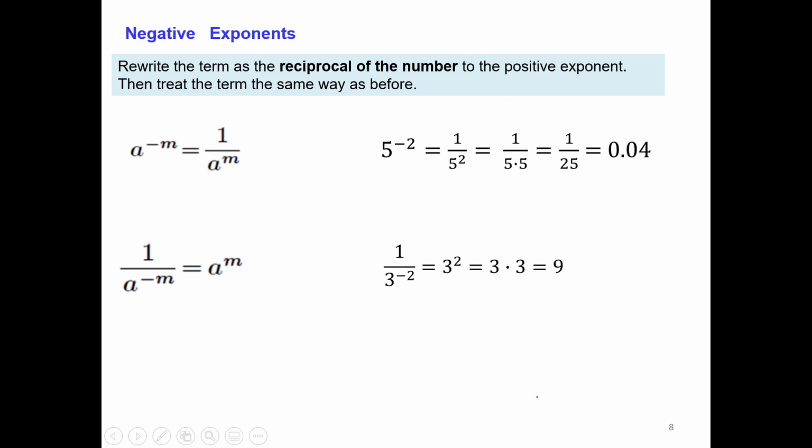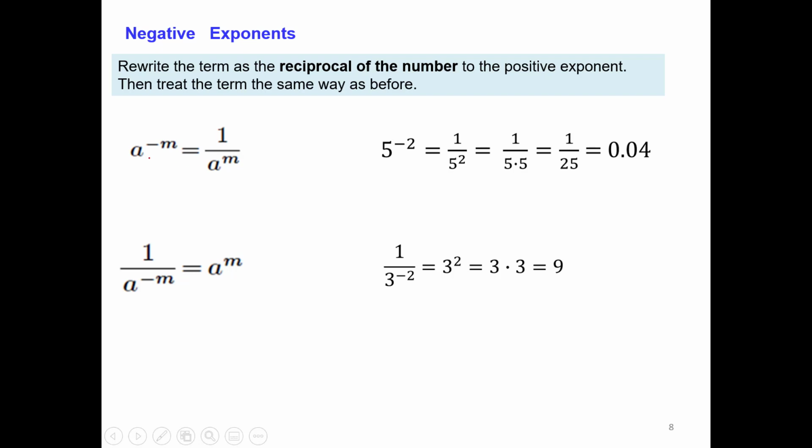And the next thing is negative exponents. If we have a negative exponent, the way we can get the result is to convert the negative exponent into a positive one. The only thing we have to do is rewrite this as the reciprocal of the number and change the sign of the exponent.